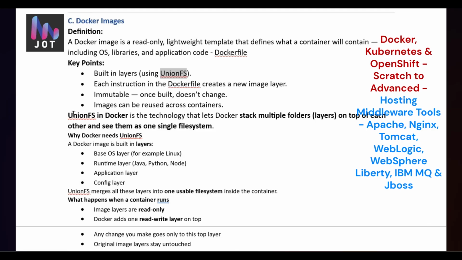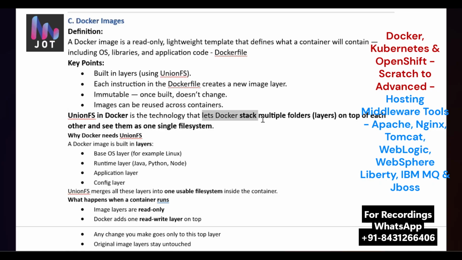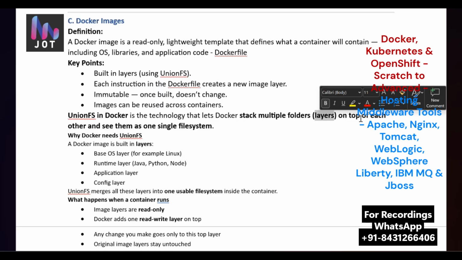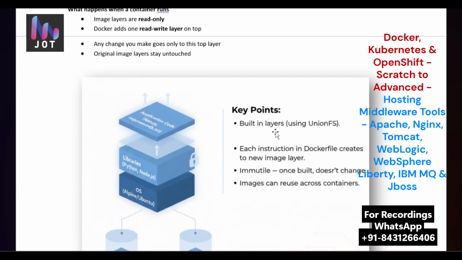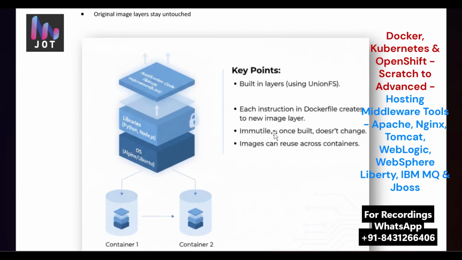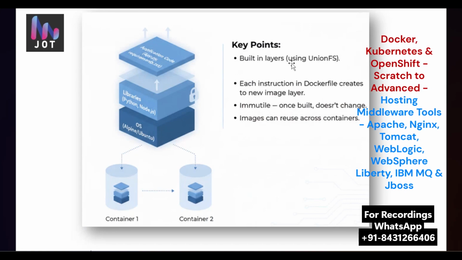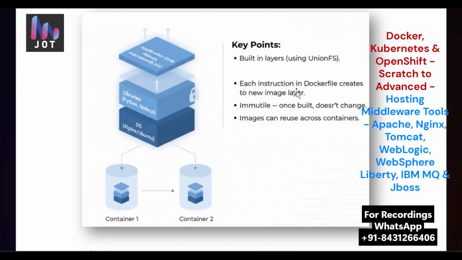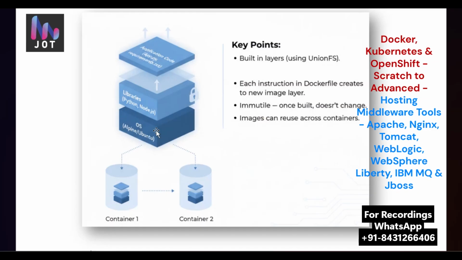This union file system in Docker is a technology that lets Docker stack multiple folders in the form of layers on top of each other and see them as a single file system. If you see this diagram, a Docker image is built in layers using a technology called Union File System. Each instruction you pass in the Dockerfile creates a new image layer.